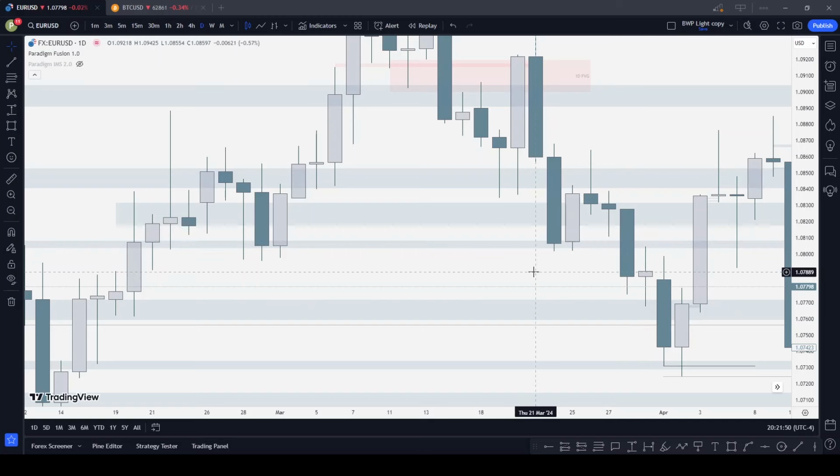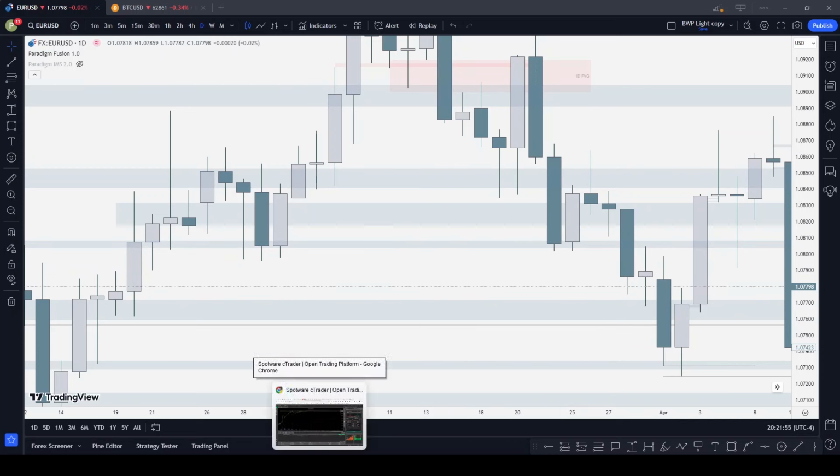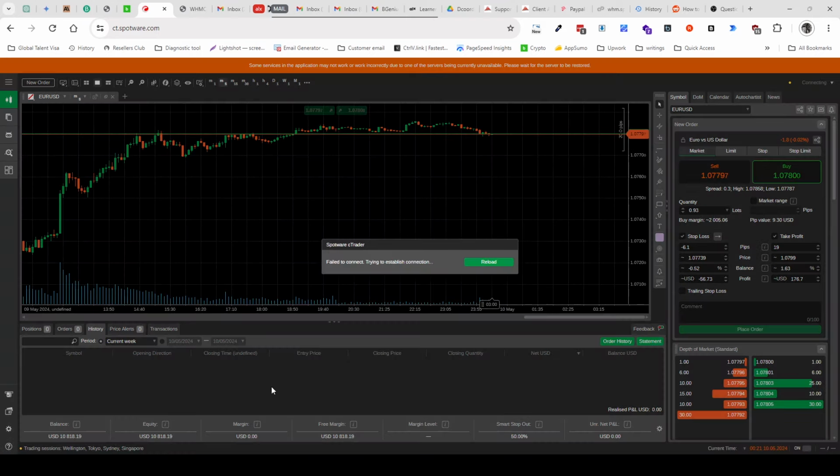Okay, let me actually even show you. Let me log into my cTrader account and see if I can show you. Okay, let me reload it.